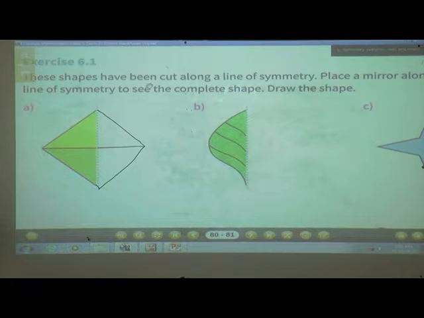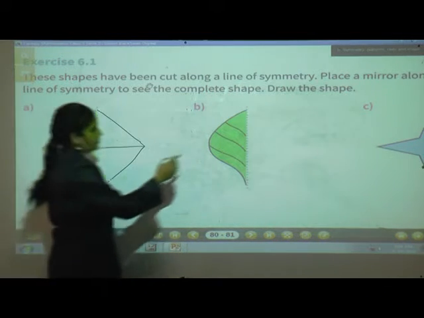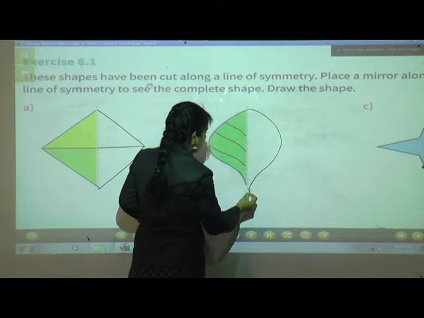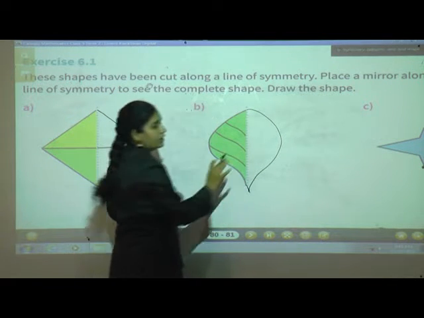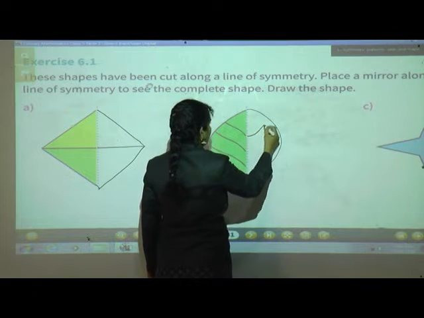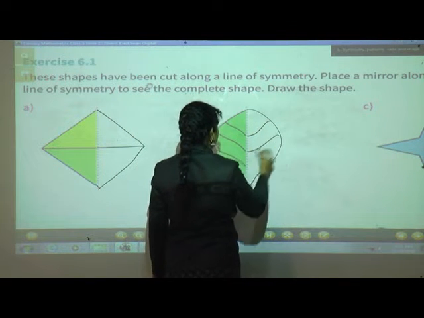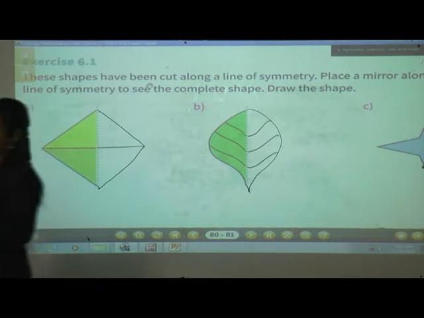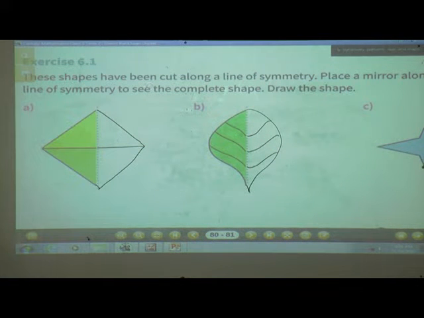Now in the second one, here also we can draw like this so that the figure will be complete, and here also we can give like this, and you can color it. Okay, now see the third one.